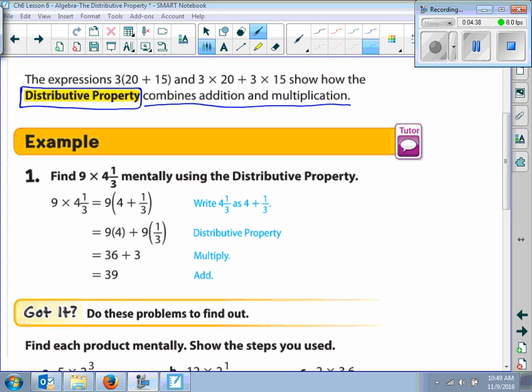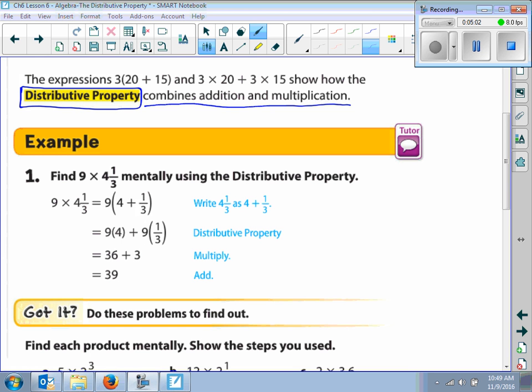So for example 1, it says find 9 times 4 and 1/3 mentally. So here we're going to use the distributive property. We've got 9 times 4 and 1/3. Now, how can I write 4 and 1/3 using an addition problem?